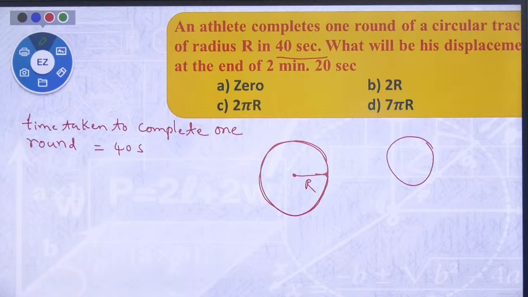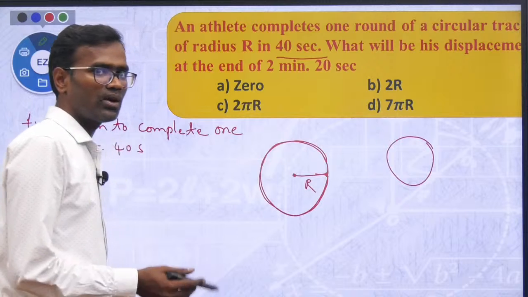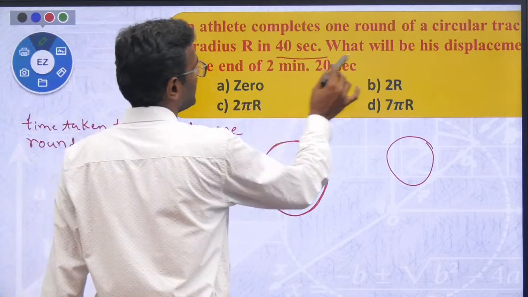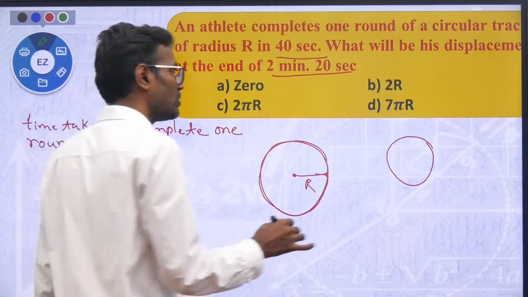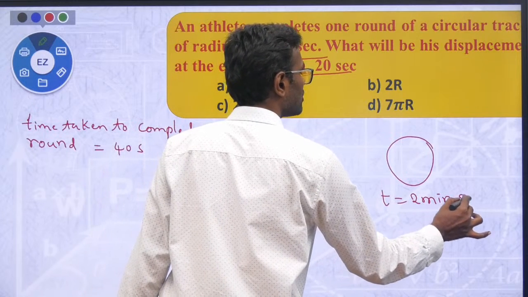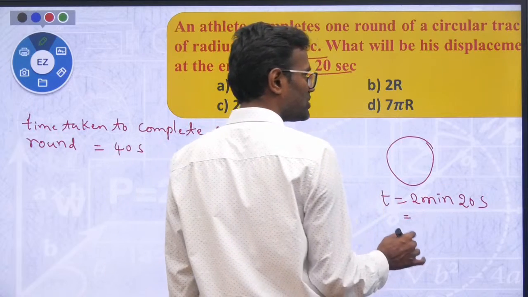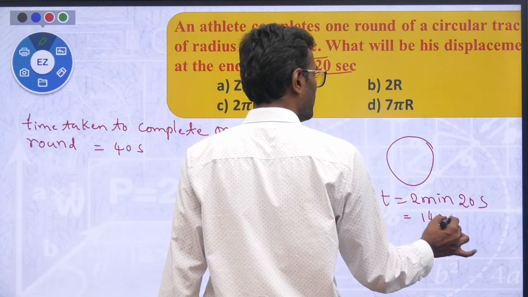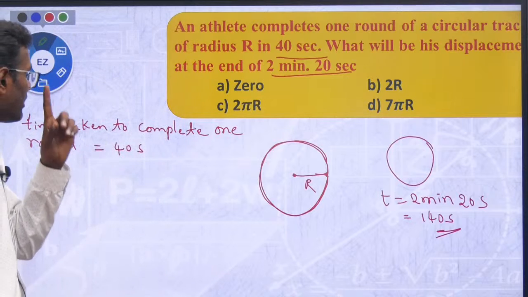Every 40 seconds you complete one round, in 80 seconds 2 rounds, in 120 seconds 3 rounds. But here what is asked? What will be its displacement after 2 minutes 20 seconds? Converting 2 minutes into seconds, 2 into 60 is 120, plus 20 is 140 seconds. After 140 seconds, as I already said, for one round it takes 40 seconds.